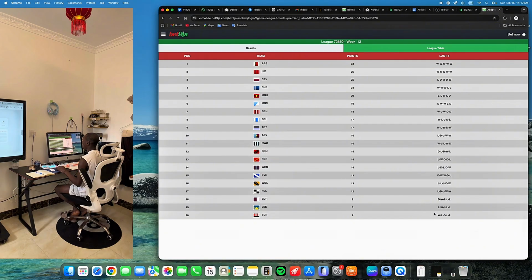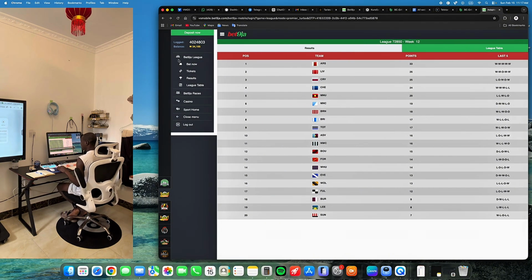So Leeds is in the best position to lose or draw again. Then Burnley, depending on who they are playing, will also lose or draw. Then Sunderland, with this win, is struggling to go up. So let's see whom they are playing this time.